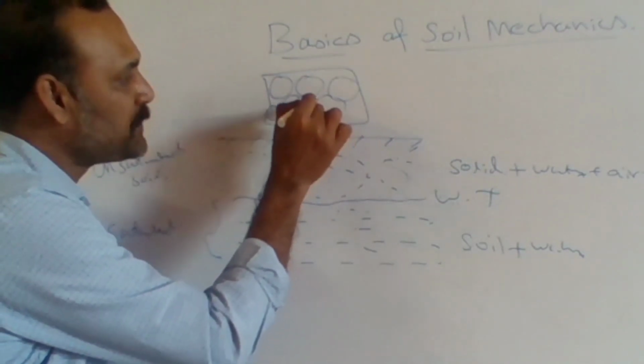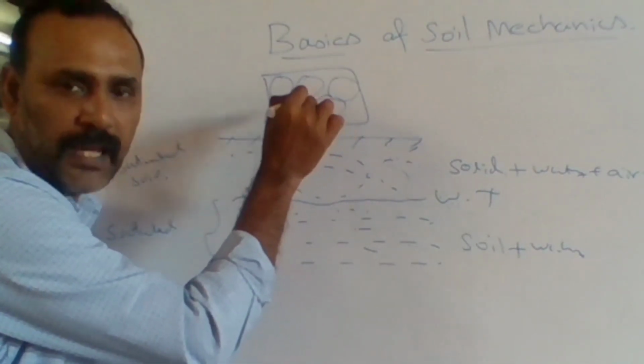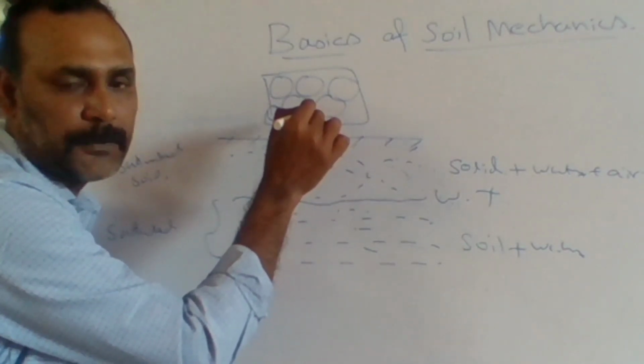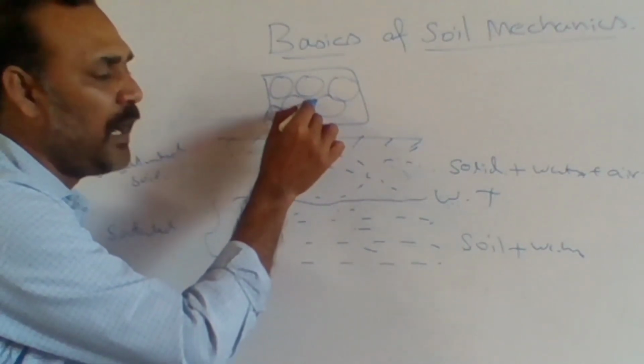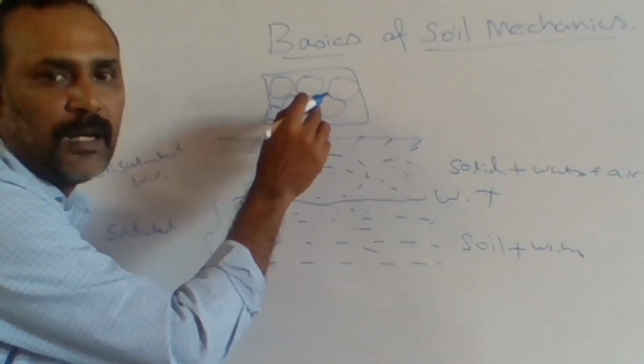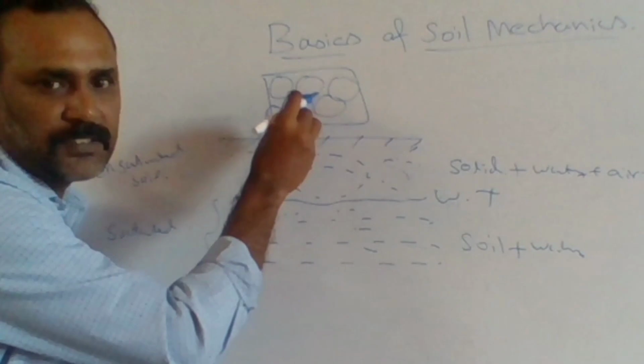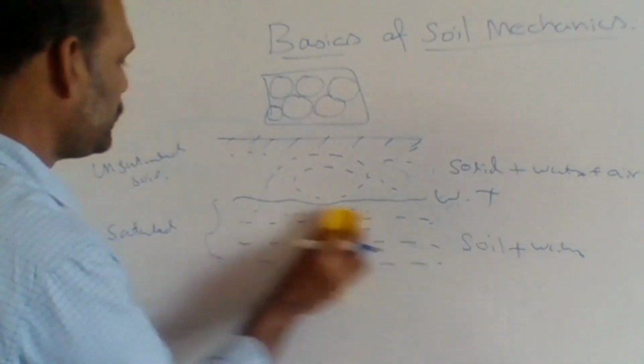The gaps may be filled with air, and sometimes they are filled with water. Suppose these gaps are 100% filled with water, then we call it saturated soil. So we can check one by one.